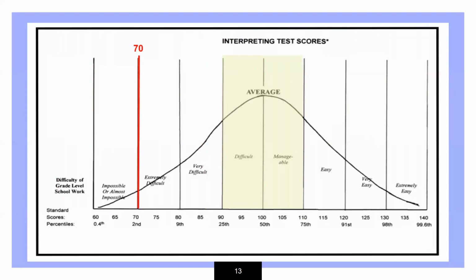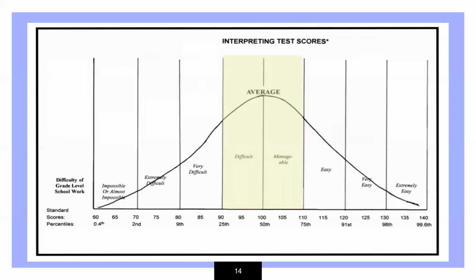And if we explore further to the left, let's say I got a standard score of 70, which means I'm at the 2nd percentile. Well, school's now extremely difficult and it's almost impossible. And if we think about it from the percentile level, this score shows that you only did better than or as well as 2% of the people who took the test.